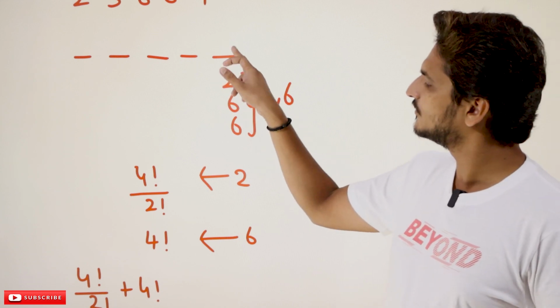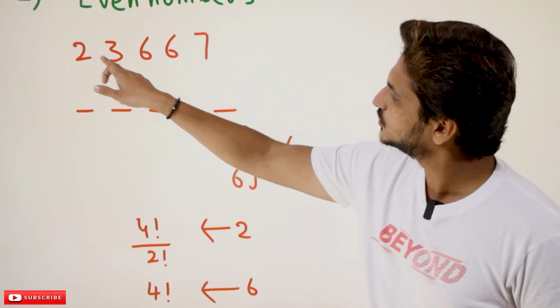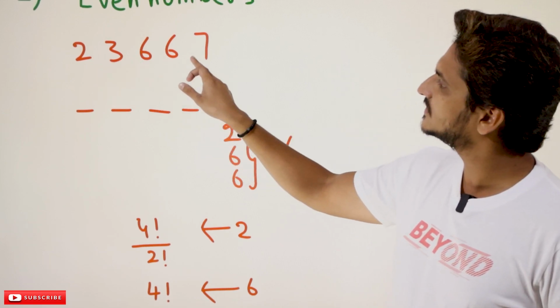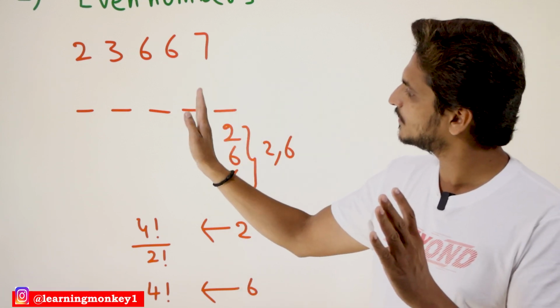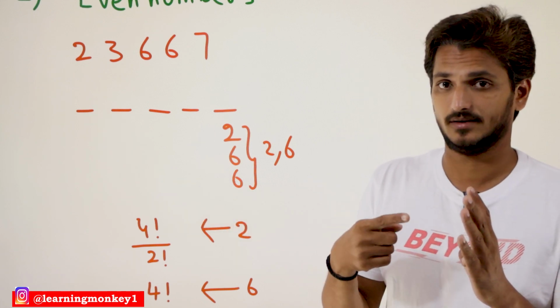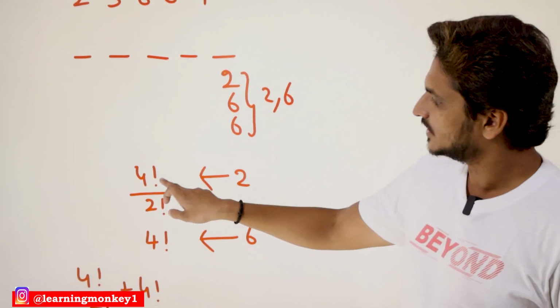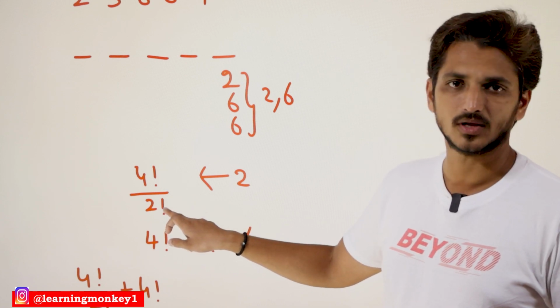Suppose in the last position you place 2. What are the remaining digits? They are 3, 6, 6, 7. These 4 digits should be placed in 4 positions, but here 6 is repeated. So if you place 2 in the last position, your permutations are 4 factorial by 2 factorial.